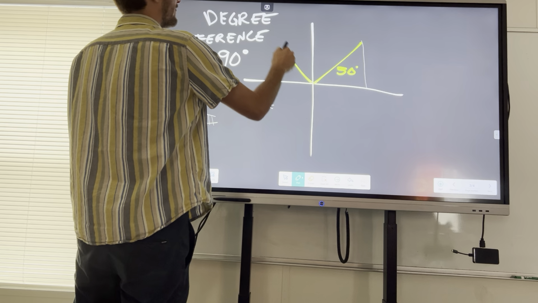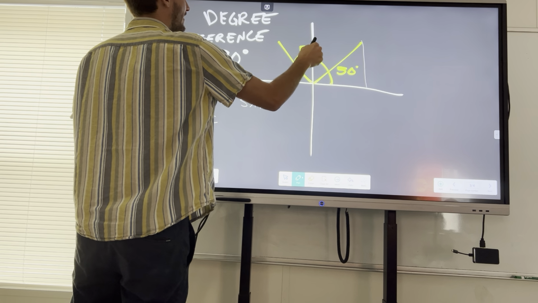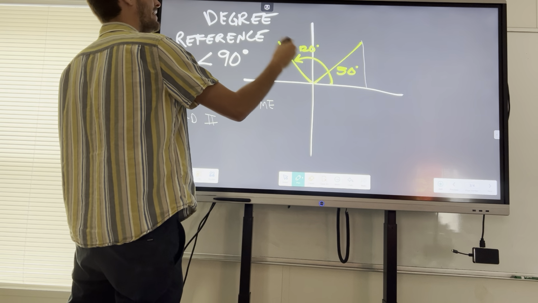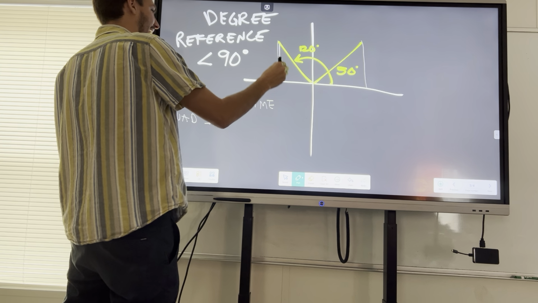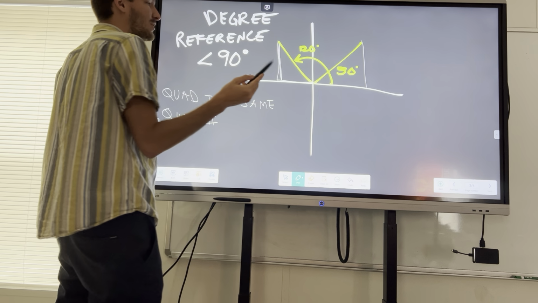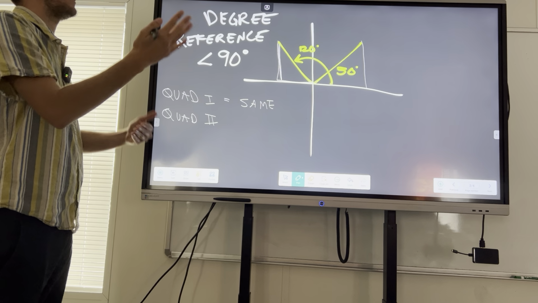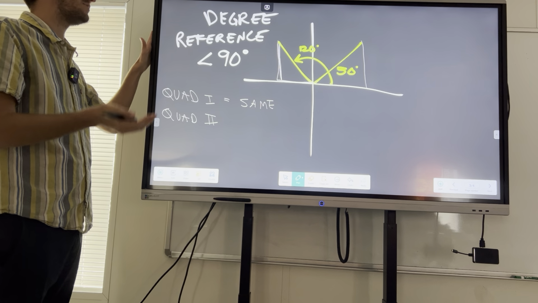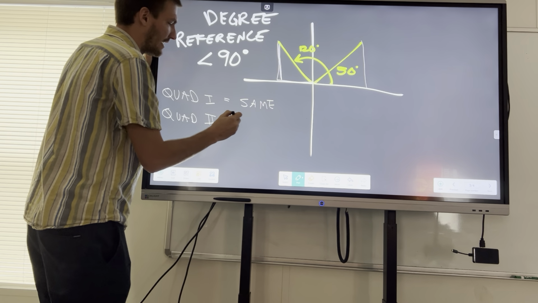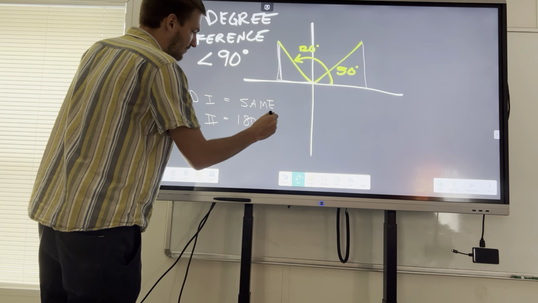Because let's say you're over here, something like 120 degrees. We need to make a right angle, and we always connect to the x-axis. That means we always do our math with the 0 or 180 or 360. You never do math with 90. You never do math with 270. And so you guys are correct. It would be 180 minus angle.